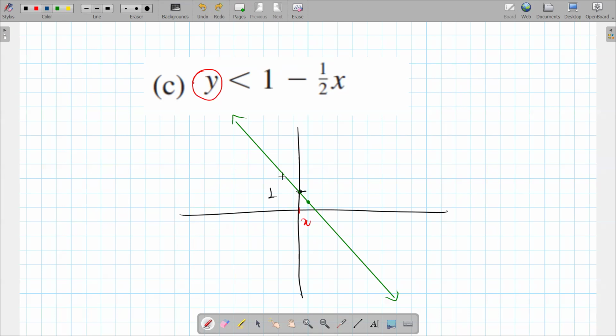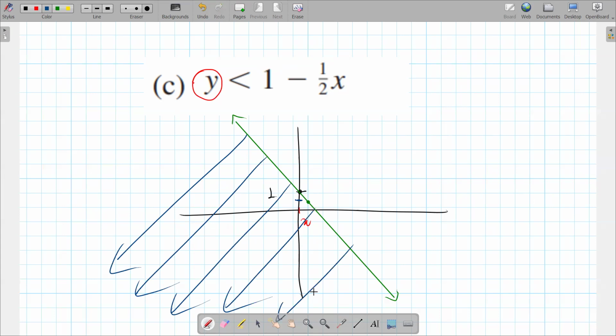Down. Right now it's 1, you need it to be less than 1, so you need it to be somewhere here. As you can see, it's lower on the graph. So the inequality for this needs to be with a dash line, looks something like this, because it's not inclusive. Cool? Pretty simple.